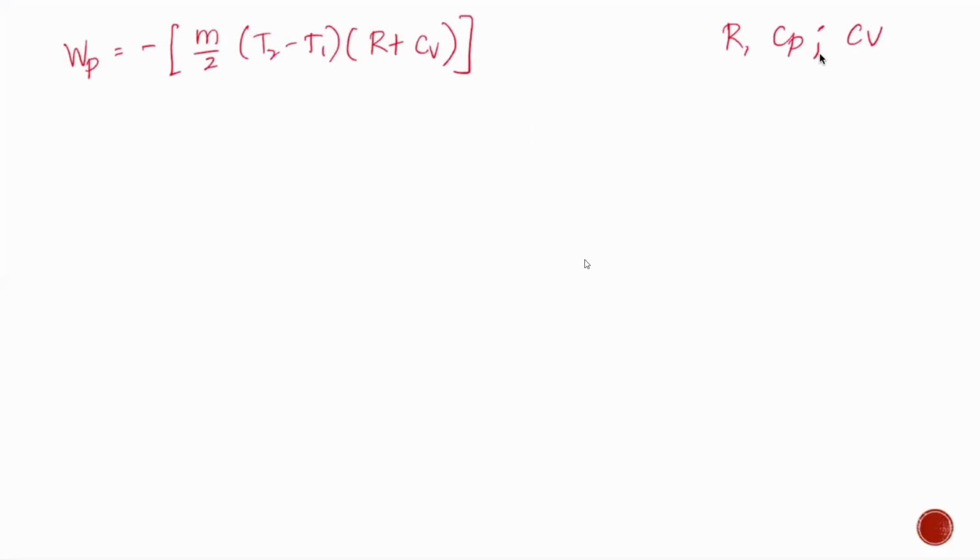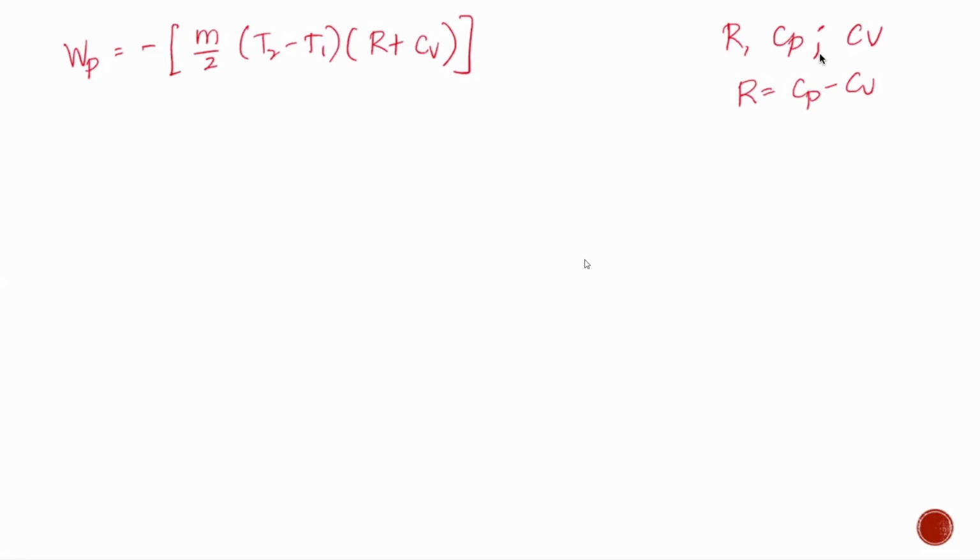Natatandaan pa? Ayan, the relationship of this gas constant, na-discuss ko ito during yung ideal gases before ako mag-solve ng compressible substance. R is equal to Cp minus Cv.